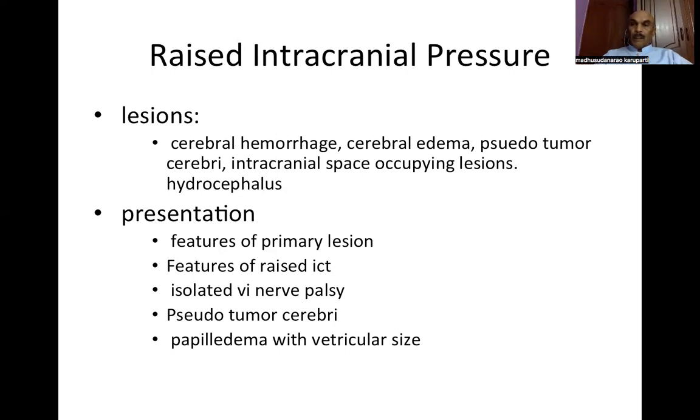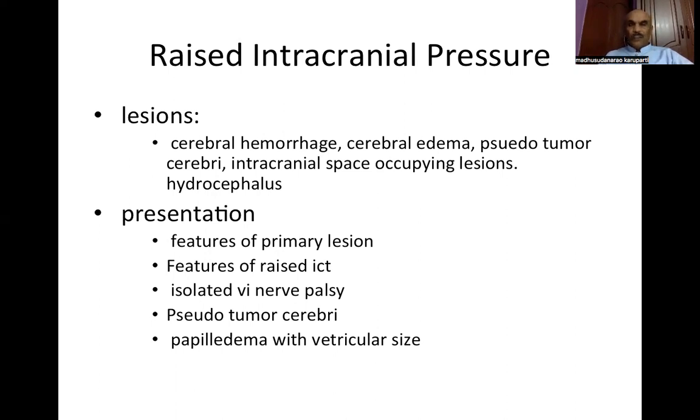Well, this nerve is injured because of its long intracranial course, as it is passing through the Dorello's canal in the petrous part of the temporal bone. In the situation with raised intracranial tension, the brain is pushed down. That results in traction injury to this tiny nerve, resulting in sixth nerve palsy, described as a false localizing sign.